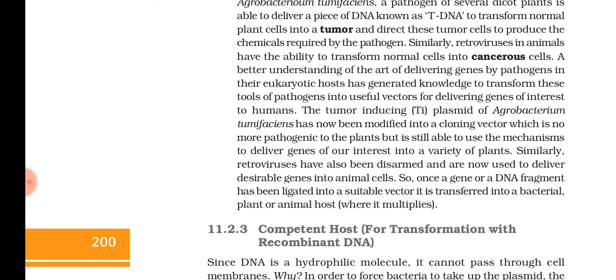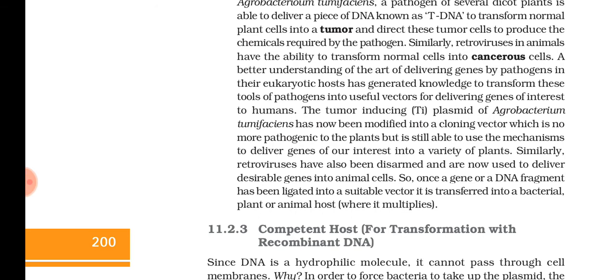So the tumor inducing plasmid, that is the Ti plasmid, or tDNA of the bacterium Agrobacterium tumefaciens, are widely used after modifying them into a cloning vector which does not have any pathogenic effect. They will not have any pathogenic effect, but they can be modified to deliver our gene of interest into a variety of plants.